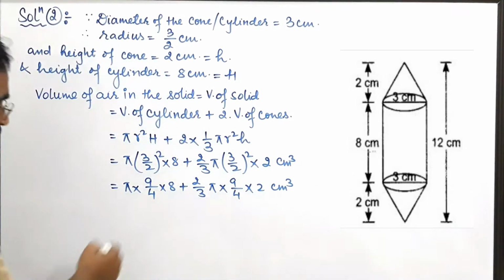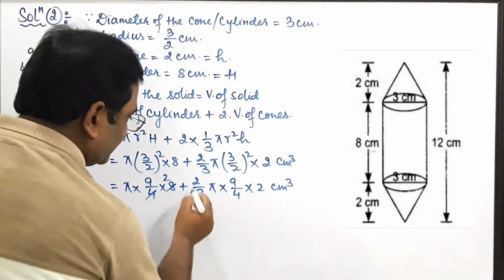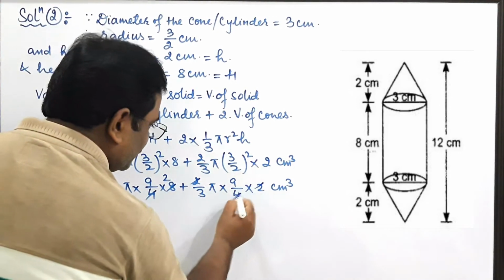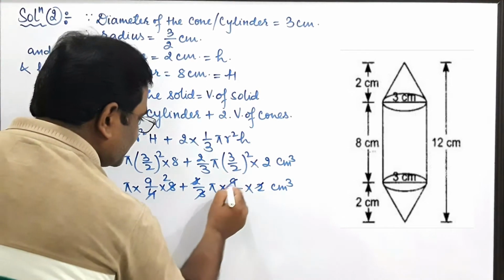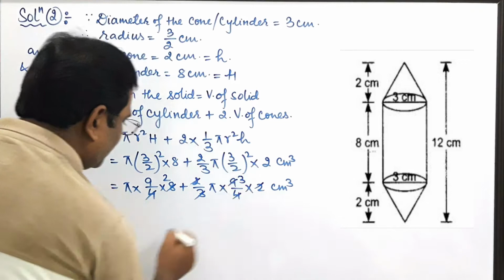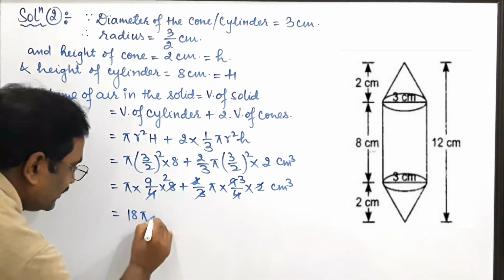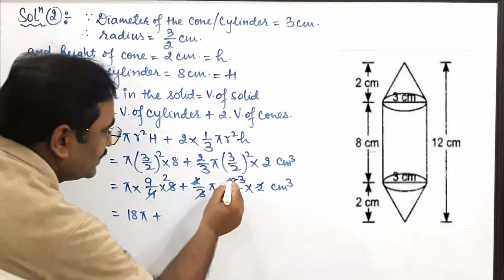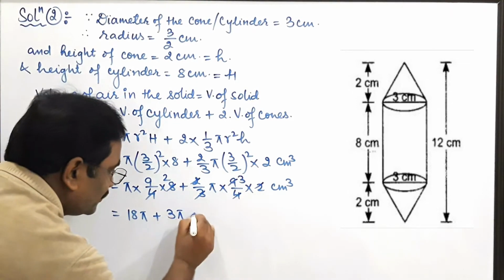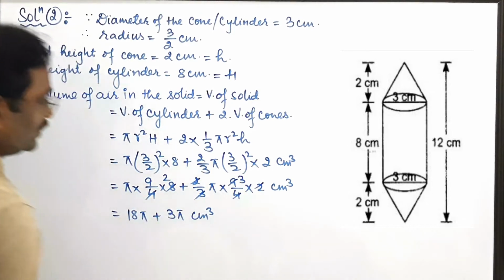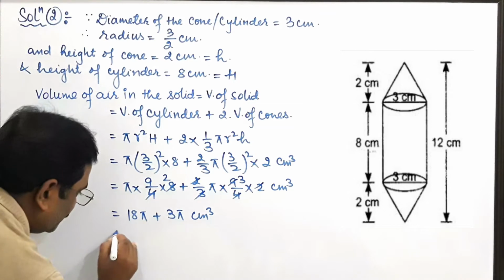So let us simplify. 4 2s are 8, and here 2 2s are 4 is cancelled, and 3 3s are 9. So we got 9 2s are 18 pi plus here only 3 is remaining, so 3 pi cubic centimeter. So let us substitute the value: 18 pi plus 3 pi is equal to 21 pi.